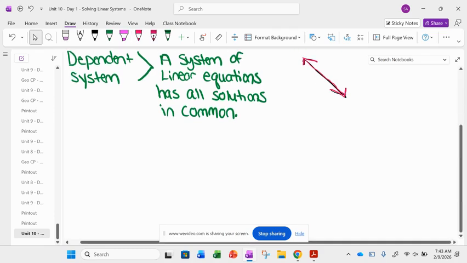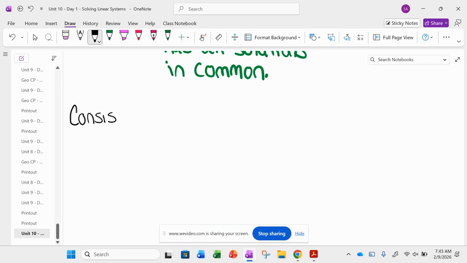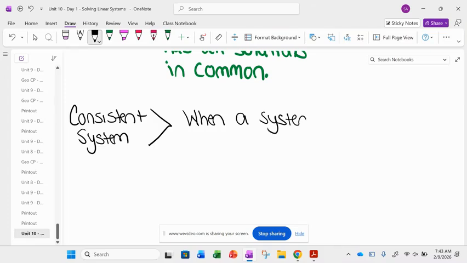So that brings us to some more vocabulary words. Let's talk about a consistent system. So a consistent system is when a system has at least one solution.